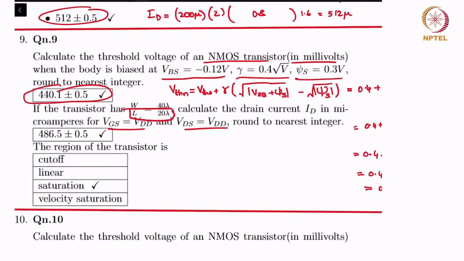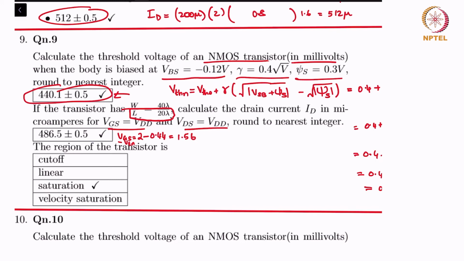So let's proceed to calculate the drain current. For VGS equal to VDD, VGS minus VTN is VDD minus 0.44, which is VT, which we've calculated here, which is equal to 1.56.